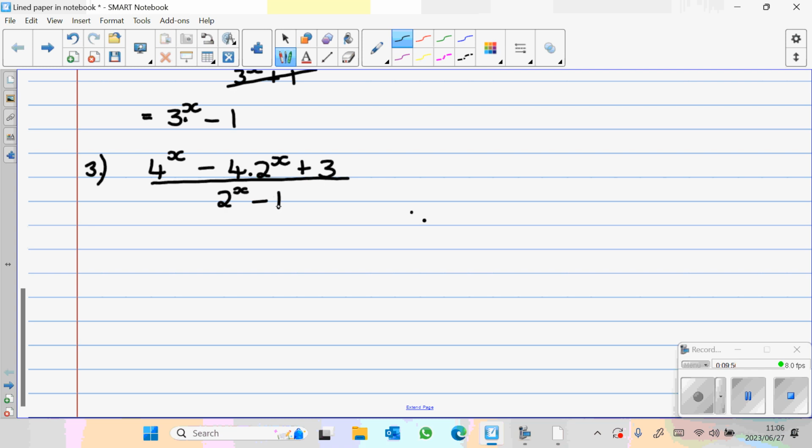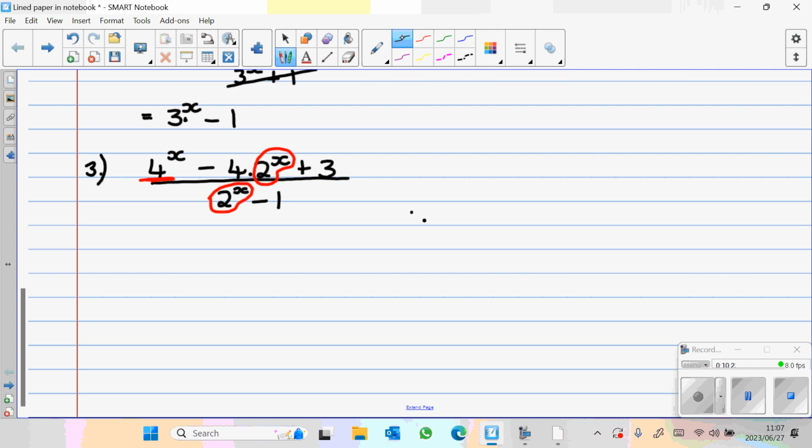Can you see there's 2 of them that are the same? It is 2 to the power of x and 2 to the power of x. They are the same. But this 4 to the power x is different. So there's no common factor because there is a difference in the ground numbers and the exponents.